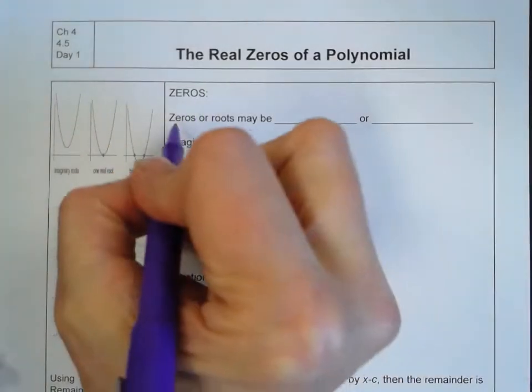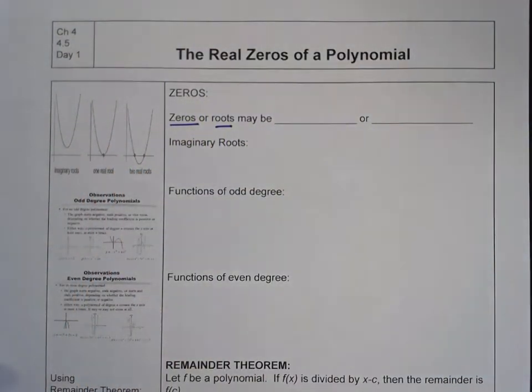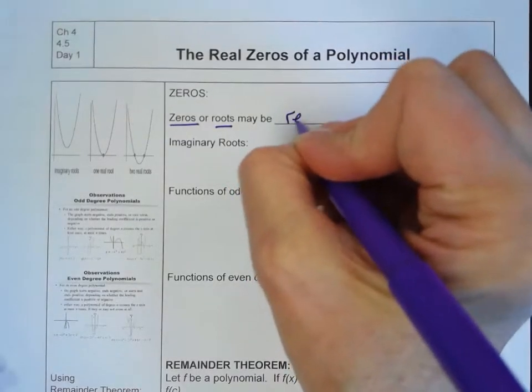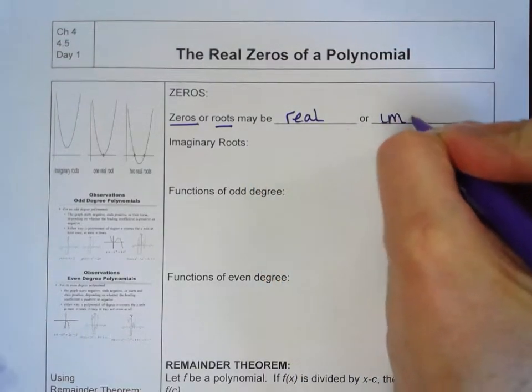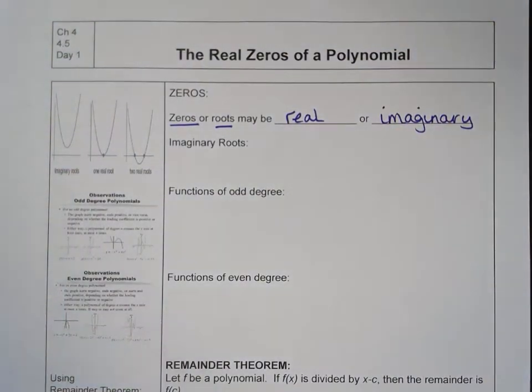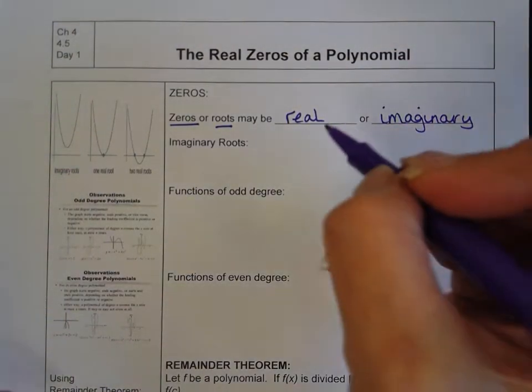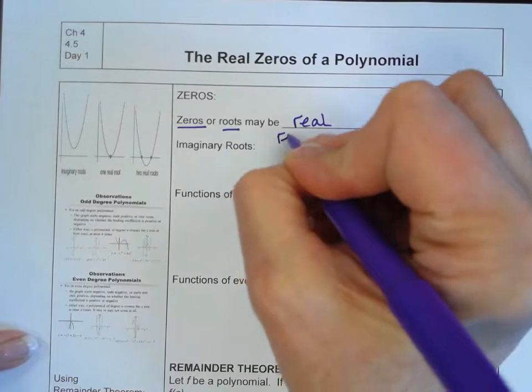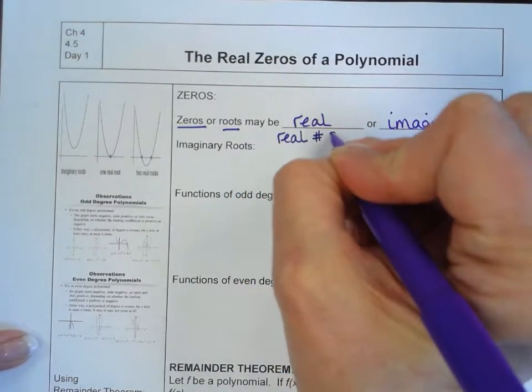And your zeros or roots can be either real or they can be imaginary. Everything we've been doing so far are all real, then it's in the real number system.